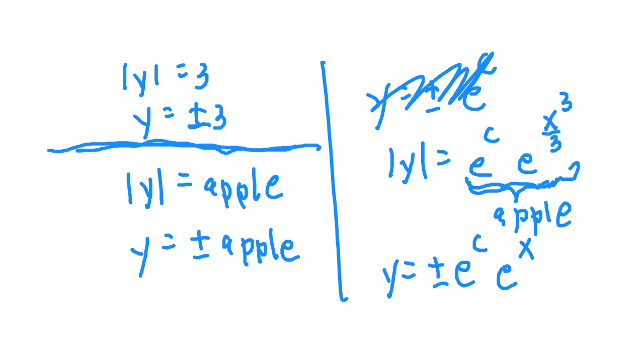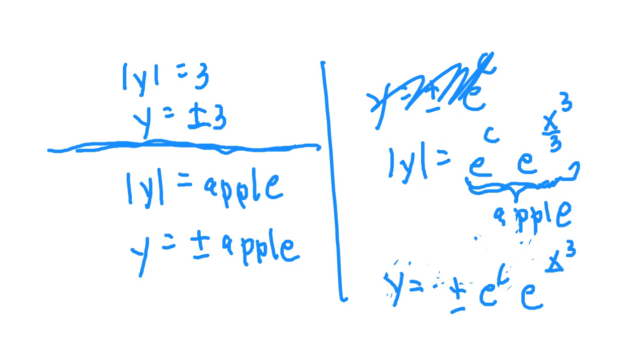It's one nice thing about this new format, it is a little easier to erase things. So we have plus or minus because of the absolute value. And so y will equal plus or minus e to the c times e to the x cubed over 3.